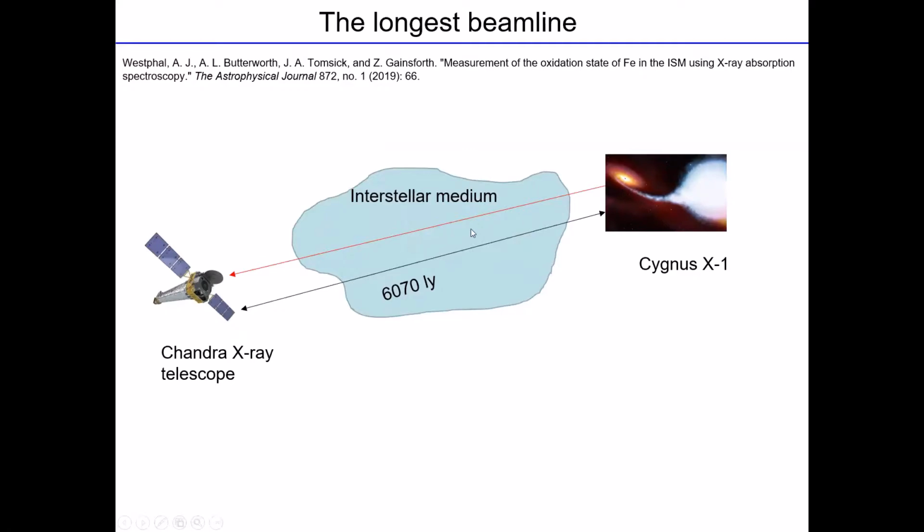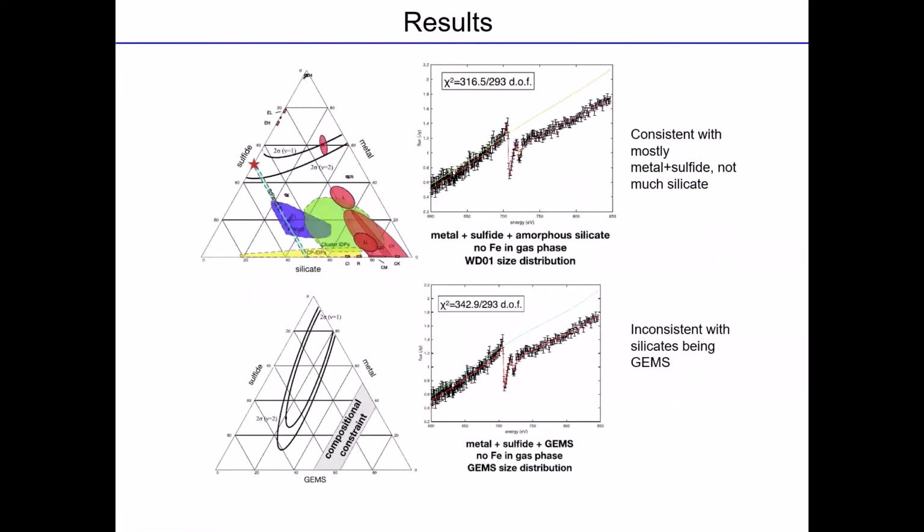So that means that any scattering will put the X-rays out of the field of view and therefore look like absorption. And scattering depends on the real and imaginary part, therefore an F prime and F double prime, and F prime has this pre-edge dispersion feature. And that's why it looks like that. So we get information about the interstellar medium.